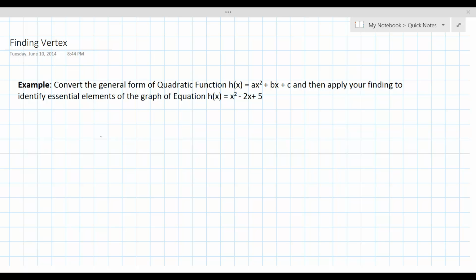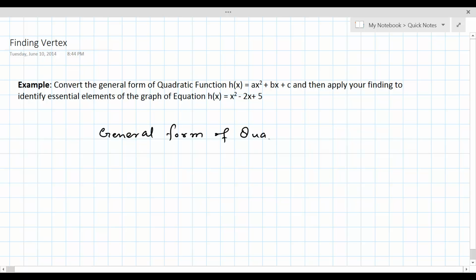So, general form of quadratic function. Quadratic function is ax square plus bx plus c equal to h of x.